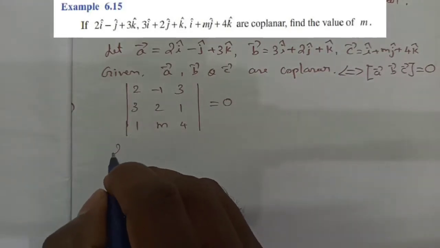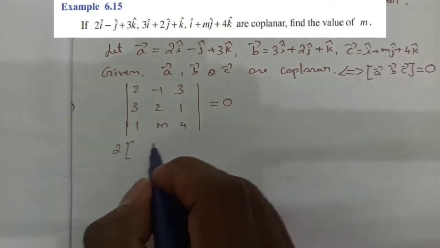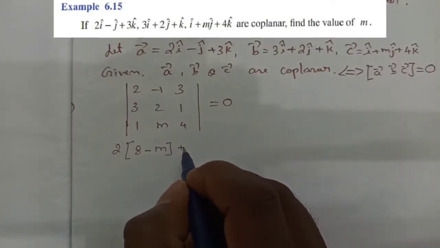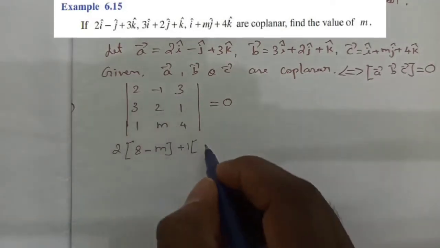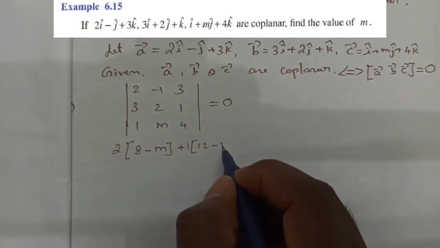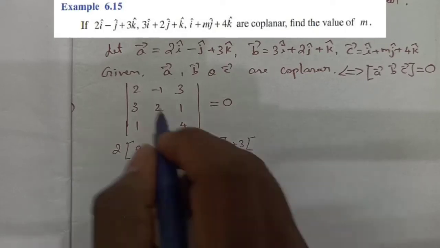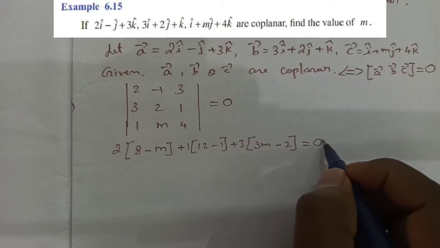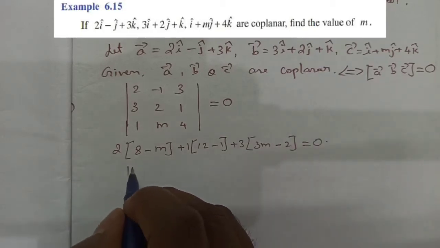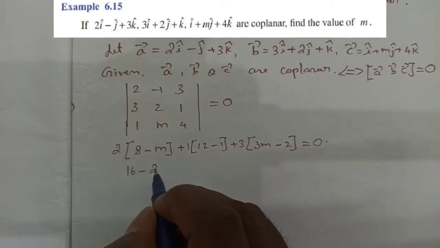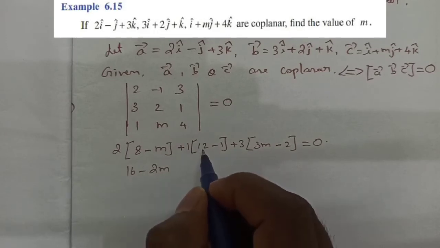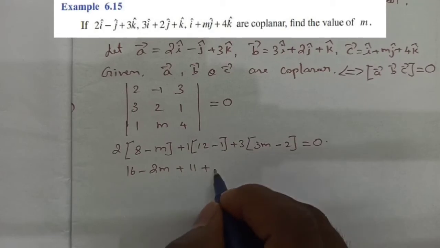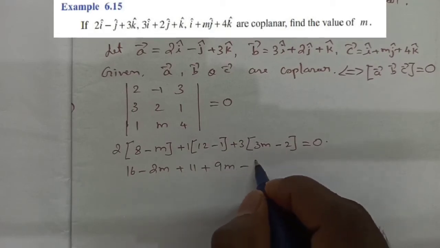So 2 into 4, 2s are 8 minus m, next minus into minus plus 1, here 3 4s are 12 minus 1 plus 3 into 3m minus 2 equal to 0. So 16 minus 2m, 1 into 11, so plus 11 plus 3 3s are 9m, here minus 6 equal to 0.